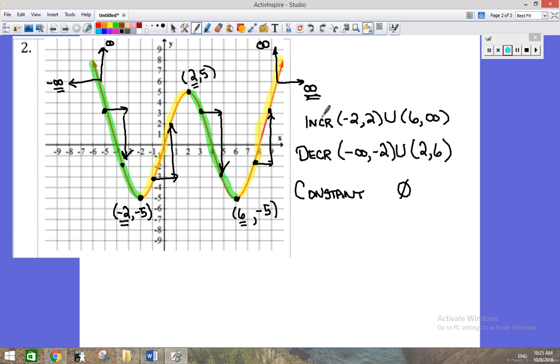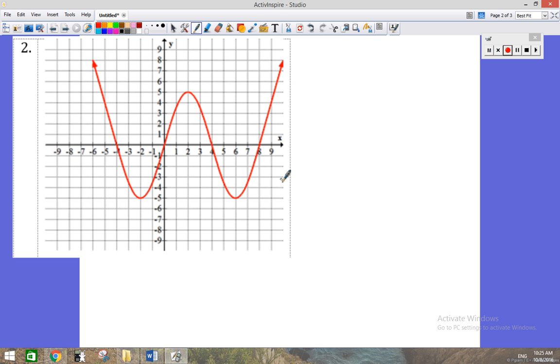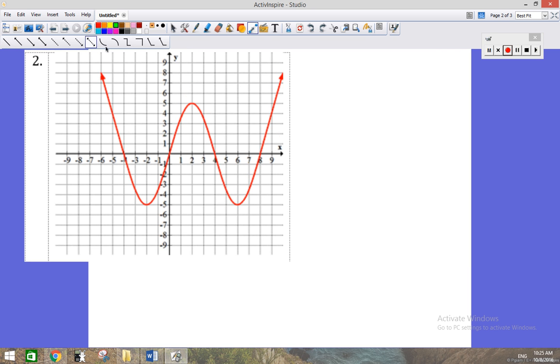Alright, so we look here at a graph that's pretty similar. When we're looking for even and odd and we talk about symmetry, there are other types of symmetry. I do see symmetry in this graph. I can see that this graph is symmetric across the line x equals 2.